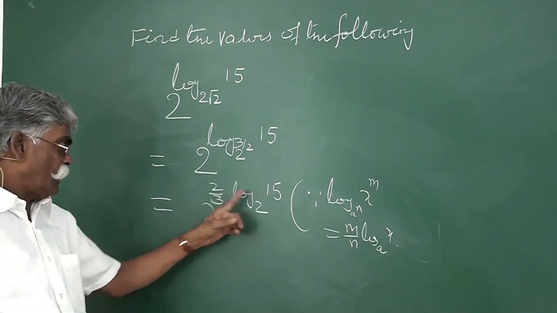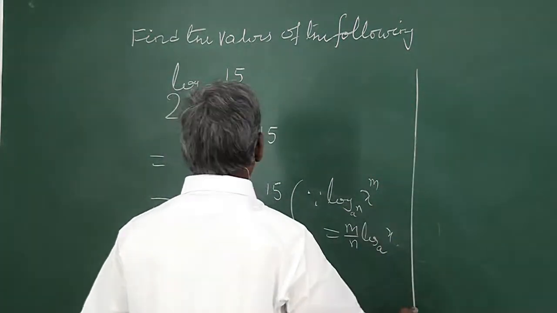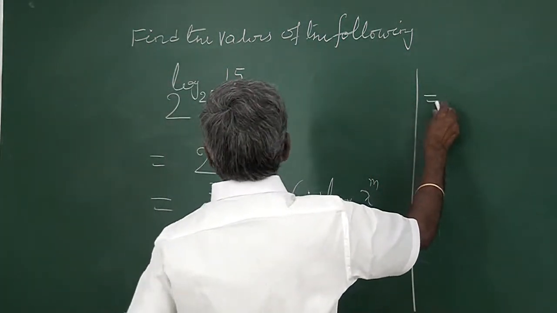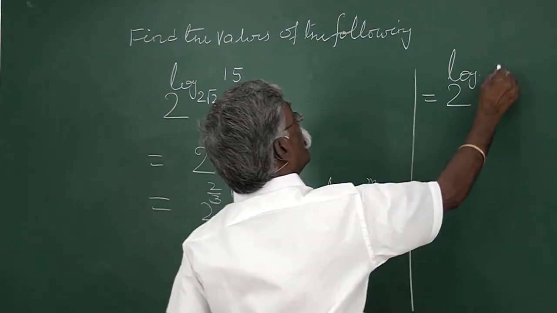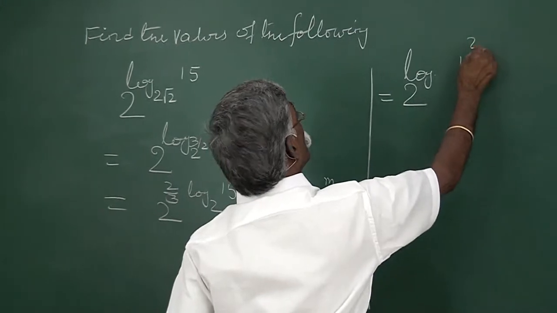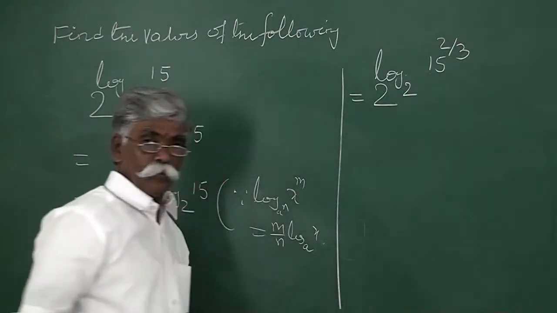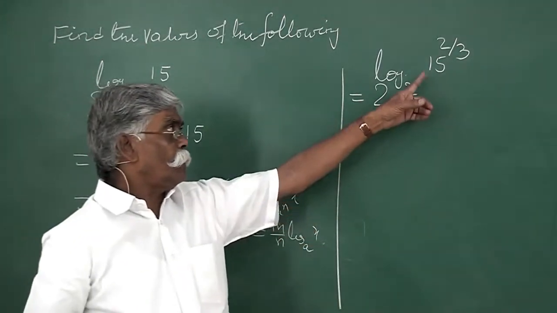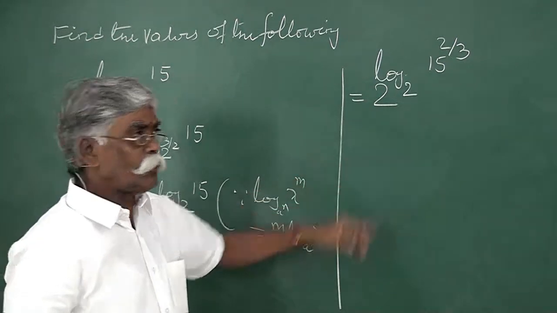Now we can take 2 by 3 inside, therefore this is equal to 2 power log 15 to the power 2 by 3 to the base 2. Now here the logarithmic value is having the base 2, and it is also 2.